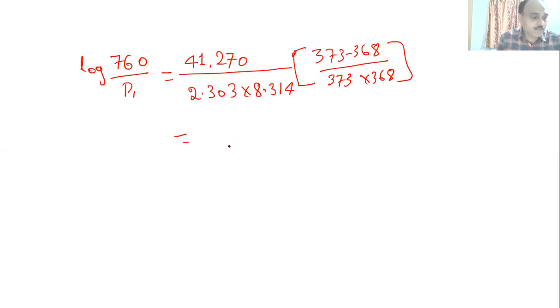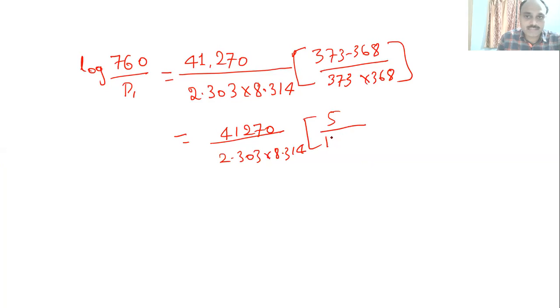Then what is the final answer? 41,270 divided by 2.303 into 8.314, into 5, divided by 137,264.